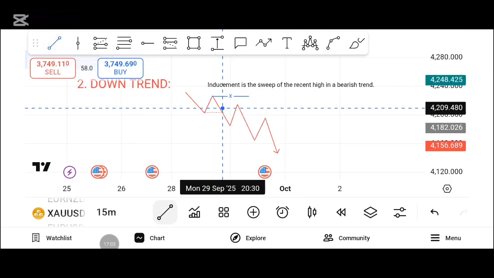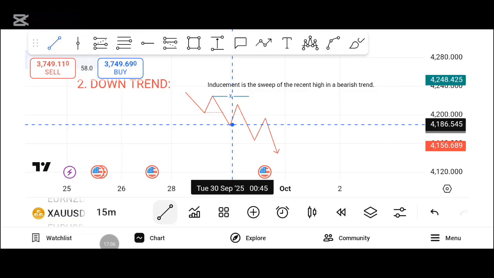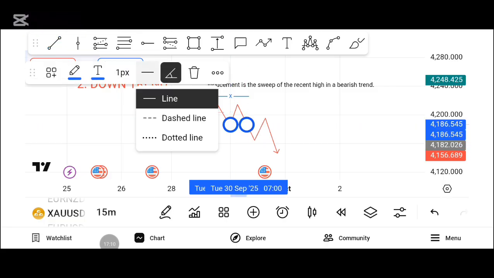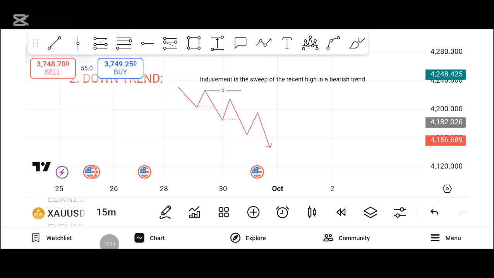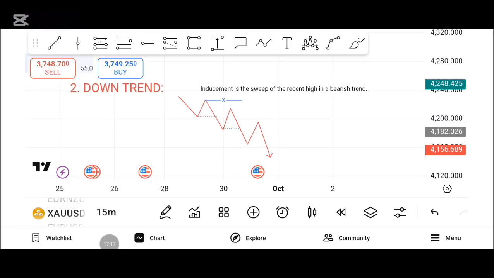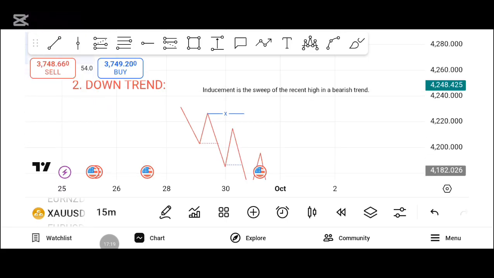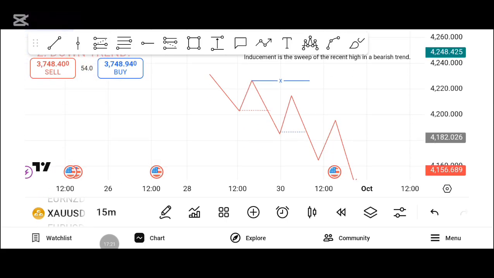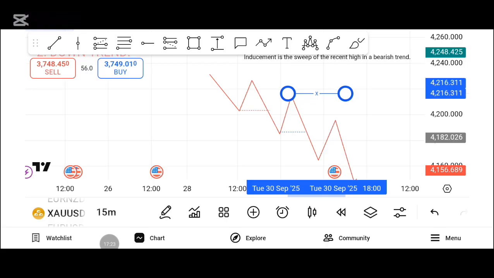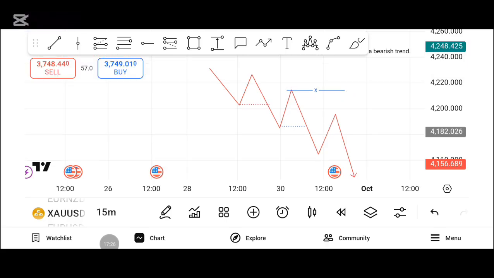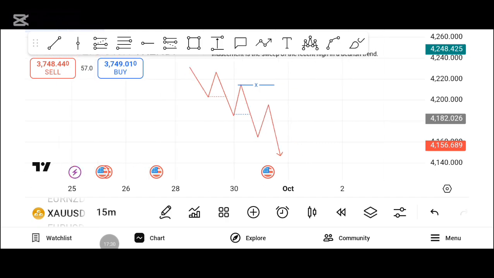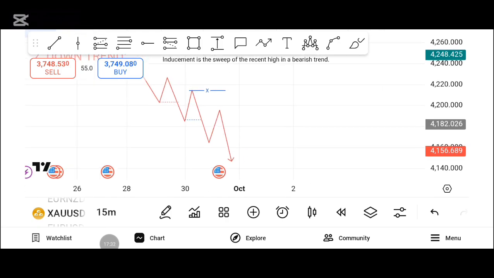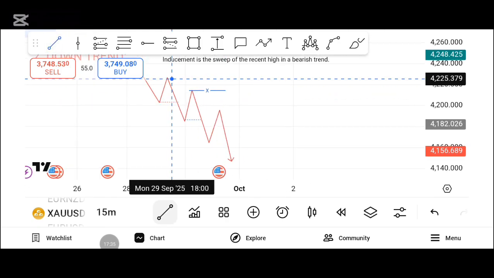But we saw that price gave us a new break of this high, and our inducement was now transferred from this point to this point here.